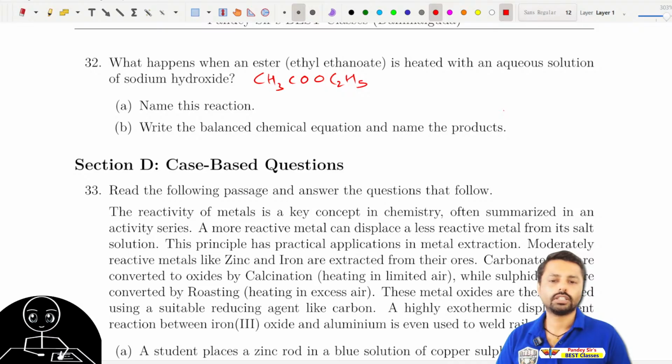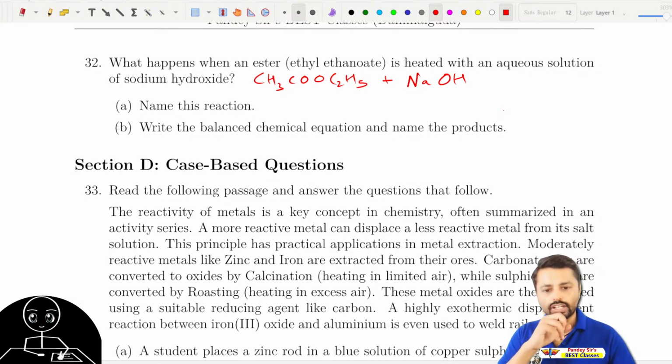So ethyl ethanoate is heated with aqueous solution of sodium hydroxide. So plus NaOH. Name this reaction. This reaction is saponification, and you get soap and alcohol.